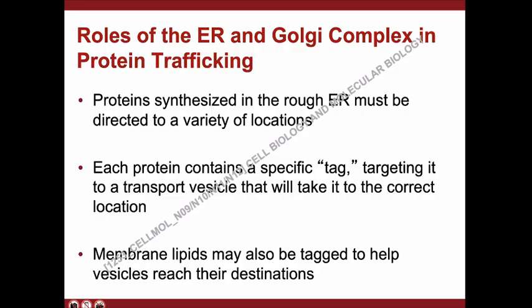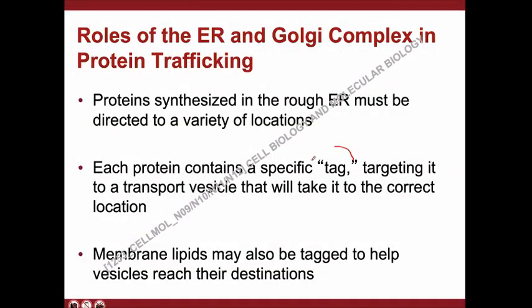Hence, what the system does is that each of these proteins will have what we call specific tags, and these specific tags are very important for the protein. It's like a quote-and-quote marker for the protein that goes with it from one location to another, so by targeting it, it will be part of the transport vesicle that will take it to the correct location.